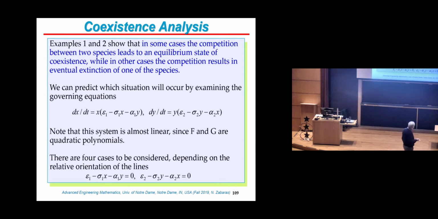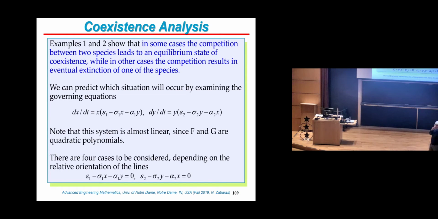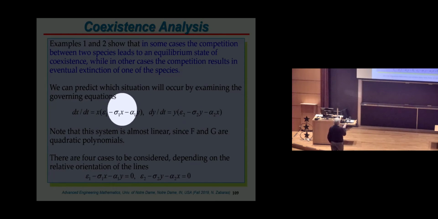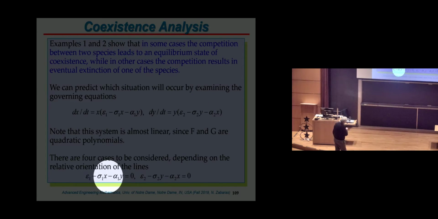If that's the equation, coexistence means you don't want x equal to 0 or y equal to 0. So coexistence means this thing inside the parenthesis has to be 0, and this other thing inside the parenthesis has to be equal to 0. So you're asking, can I find a critical point defined by this parenthesis 0 and this parenthesis 0 that's an asymptotically stable point? So the first thing is, can I find an x and y that solves these 2 equations?